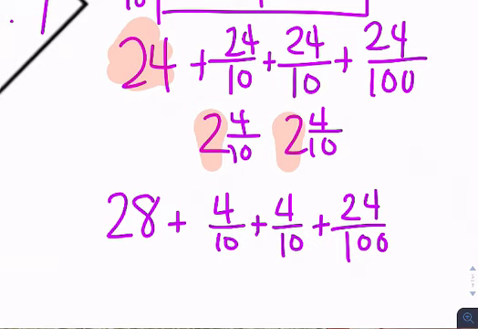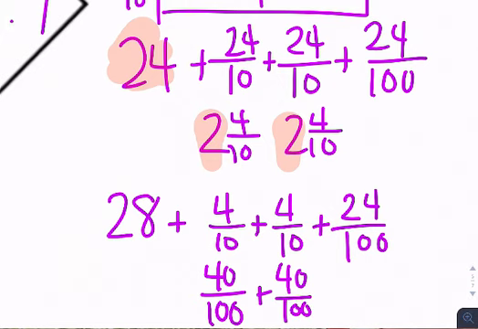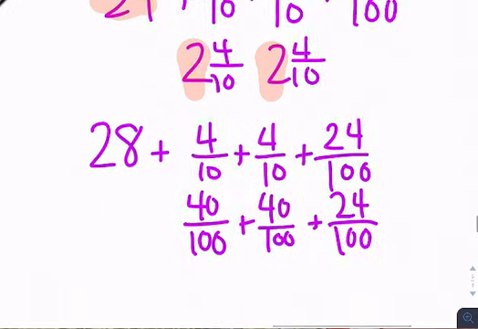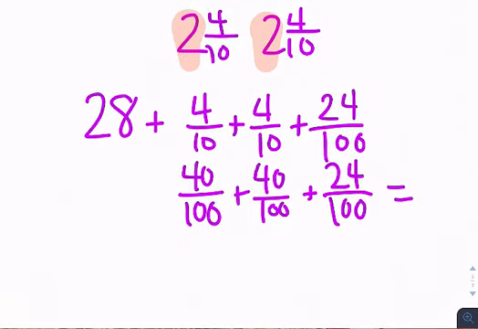So 4/10 plus 4/10, those are 80 100ths, plus 24 over 100. And I get 104 over 100.